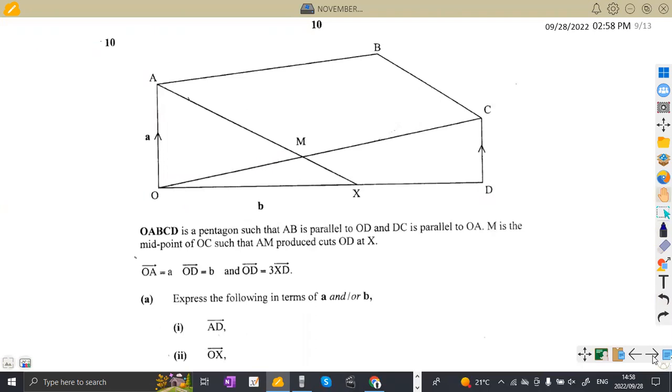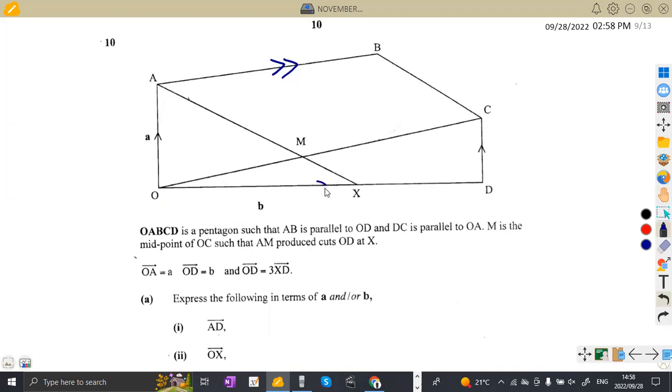Question number 10, we are given OABCD is a pentagon such that AB is parallel to OD. Okay, so this is a pentagon and these two lines, AB and OD, are parallel. As you can see, according to the diagram, these lines are not parallel, but we are told that they are parallel, so we don't fight that statement.